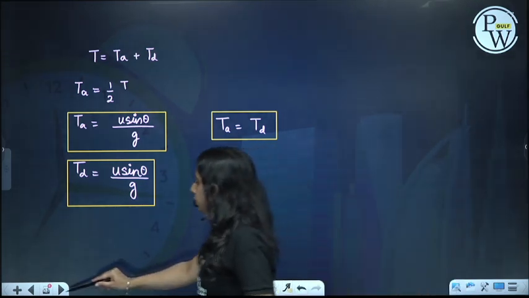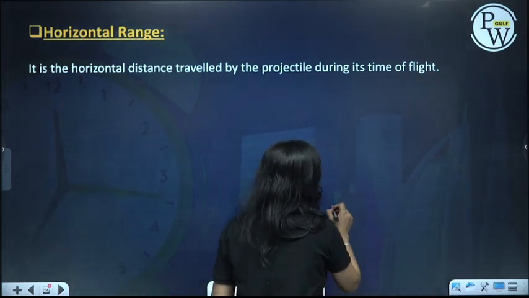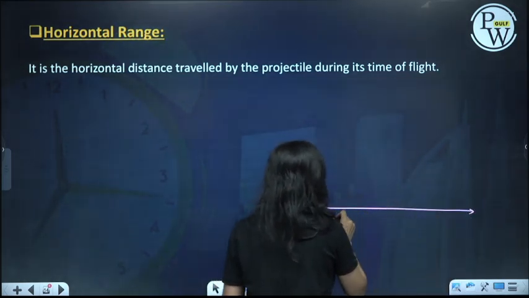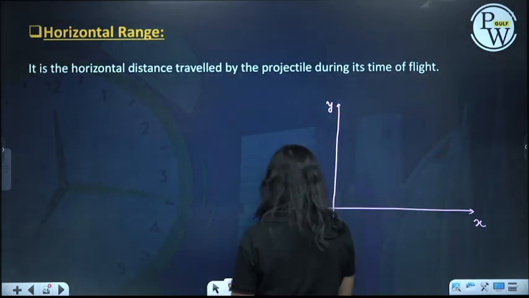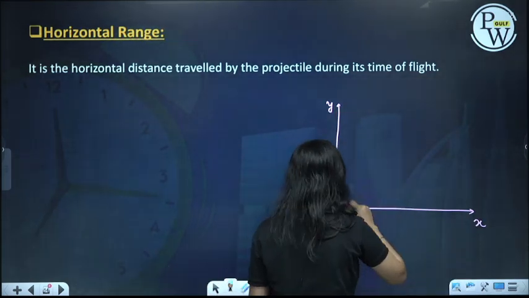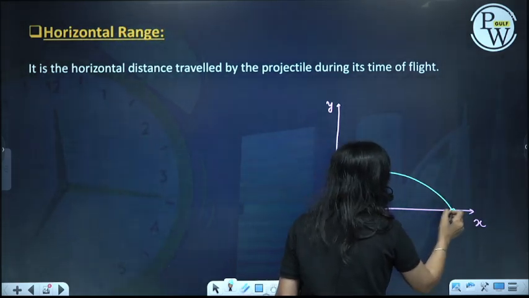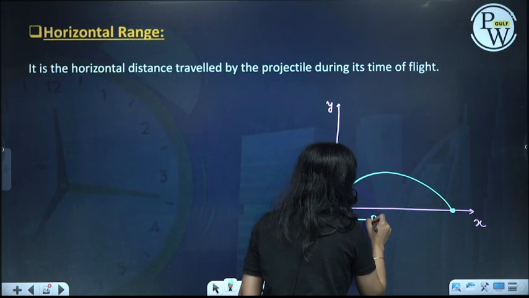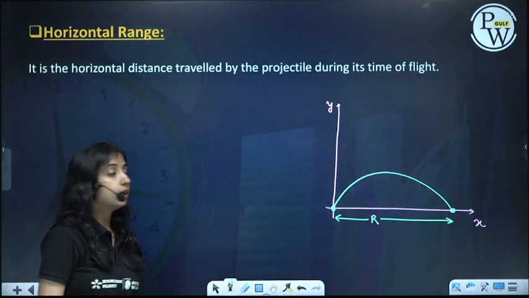Now let's do the next parameter, that is horizontal range. If this is my projectile, the displacement it travels in the x direction is called the horizontal range.